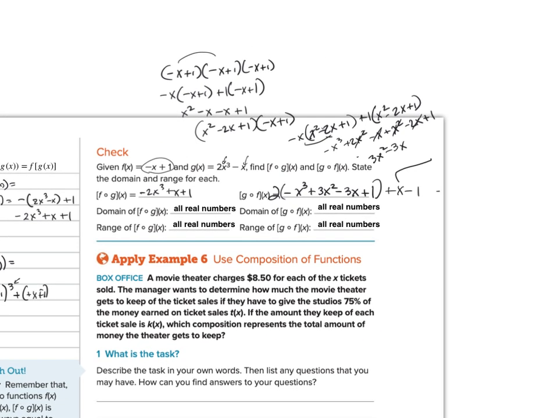So that actually becomes negative 2x cubed plus 6x squared minus 5x, right? Because this would be minus 6x plus 1x. And then plus 1, because I would have 2 times 1, which is 2, minus 1. So that's actually the answer.